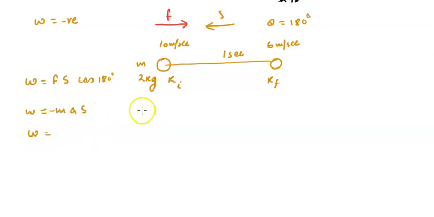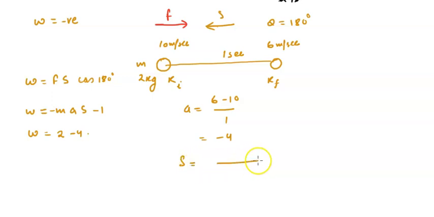Cos 180 will be minus. And the acceleration, let's try to find out the acceleration. The final is 6, initial is 10, upon time, how much time is taken, 1 second. So the acceleration is coming minus 4, and the mass will be 2 kg again. And we have to find the displacement, which is v square minus u square upon 2a.